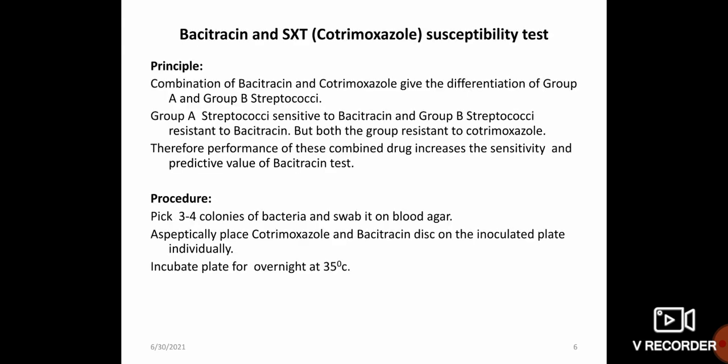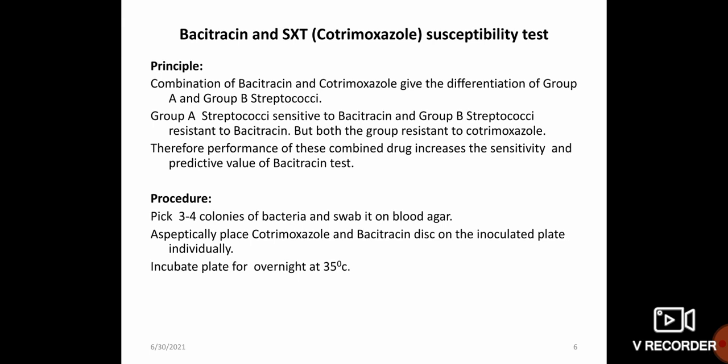So next one is bacitracin and sulfamethoxazole trimethoprim, or simply called the cotrimoxazole susceptibility test. This one we will do for the beta hemolytic streptococci. Where beta hemolytic colonies are present, we will go for the catalase test. If it is catalase positive, then we will keep it under the Staphylococcus species.